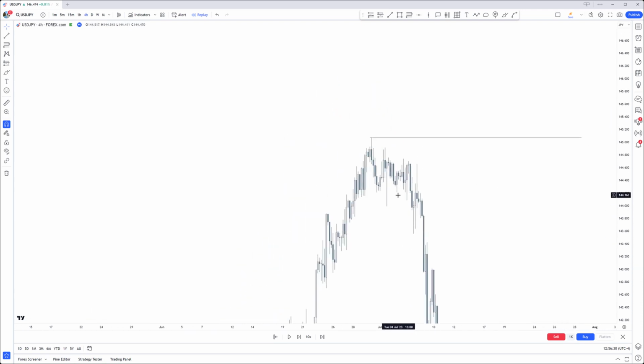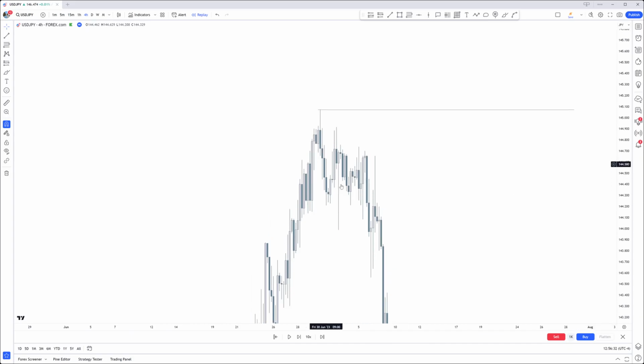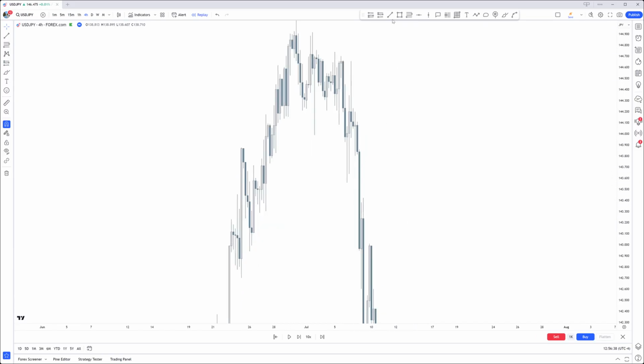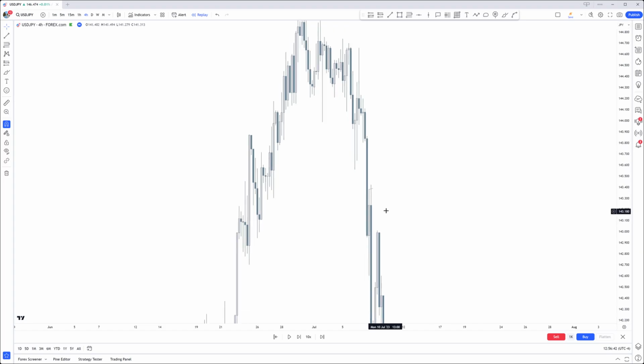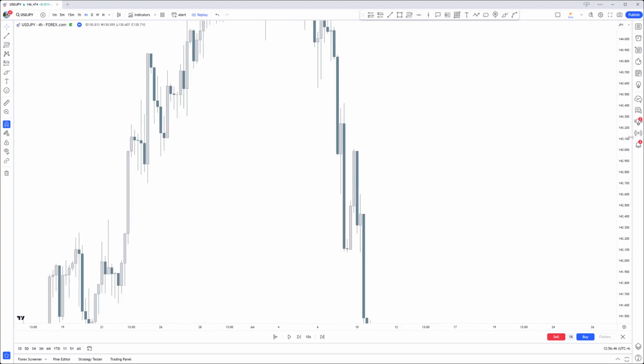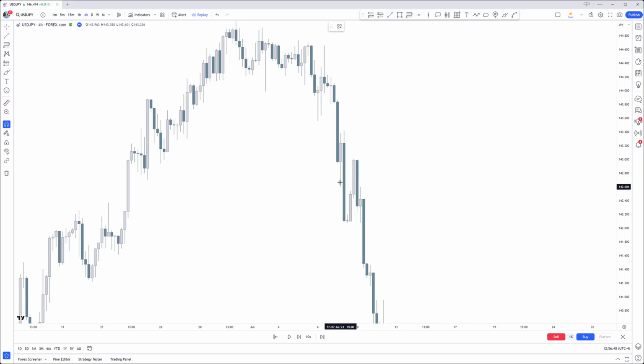Yes, we can, because we have our first fair value gap lower right there. Then we have a second fair value gap low right there. So this already, off of that fair value gap, that is where you can look for low time frame entries. Then this is also where you can look for low time frame entries to continue lower, to continue the 4-hour bearish order flow.